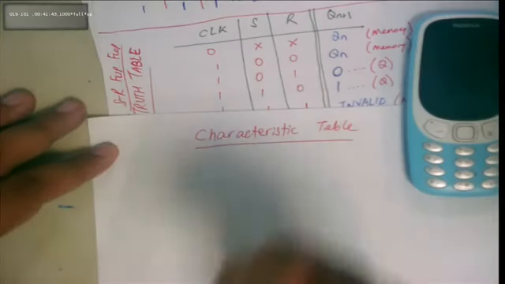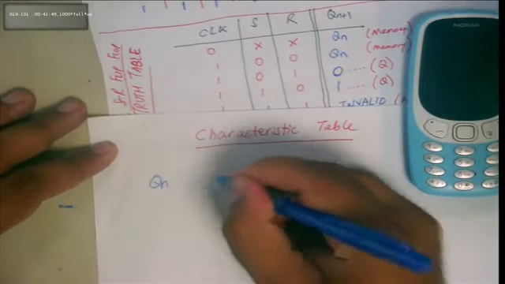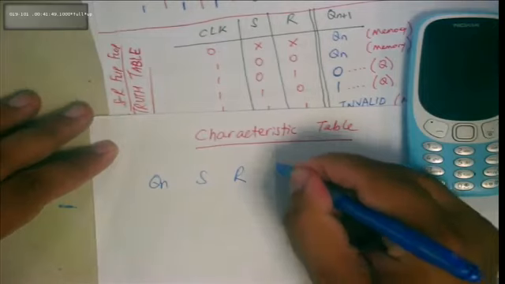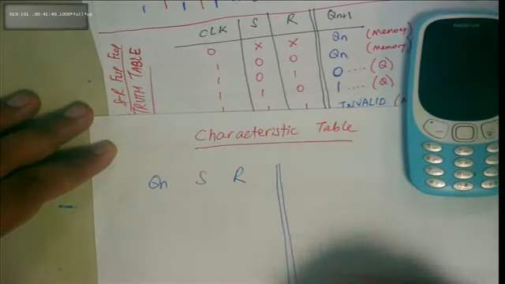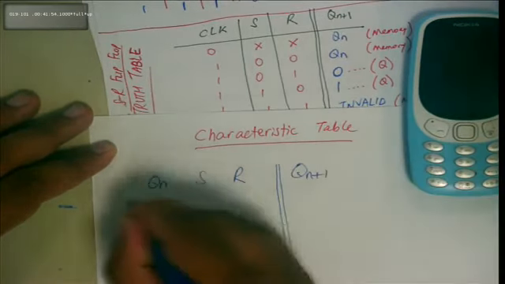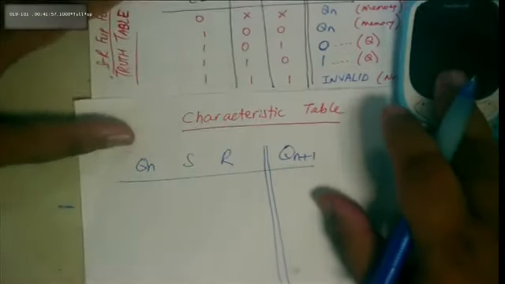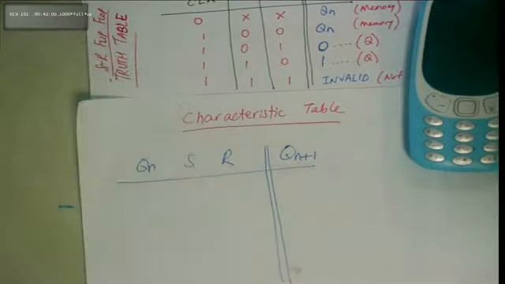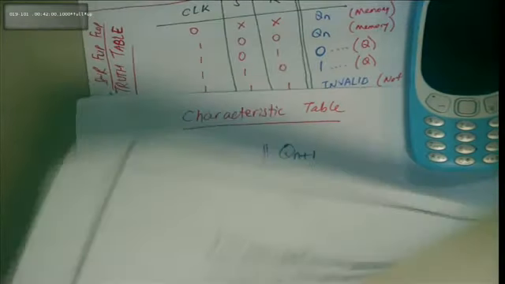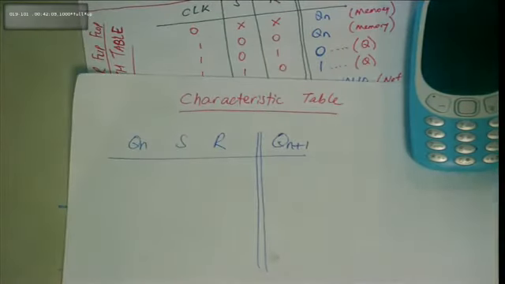Okay, so if we have Qn, S, R, what is Qn plus 1? Remember, what was the main feature of sequential logic? Sequential logic has memory. So all we're talking about is memory. That's our target, because otherwise everything is just combinational logic.